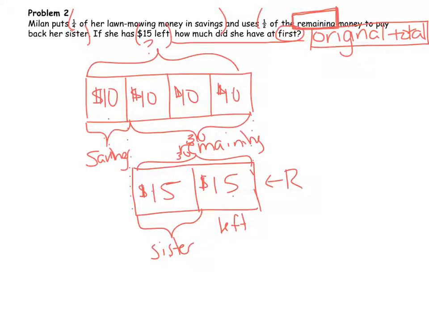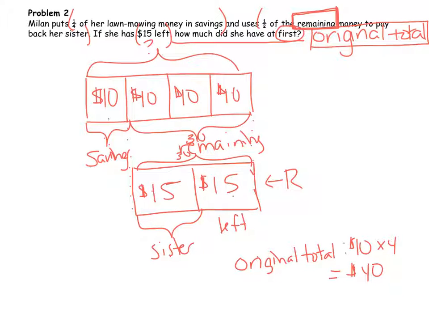So how much did she have in all? Well, my total, so original total would be $10 times 4, which would equal $40.